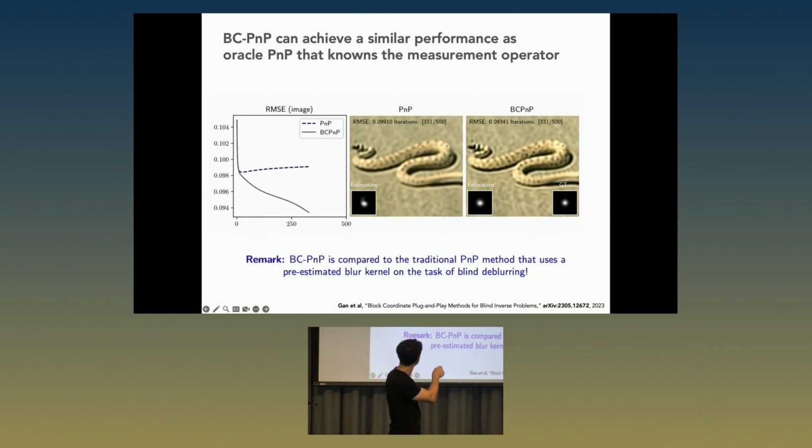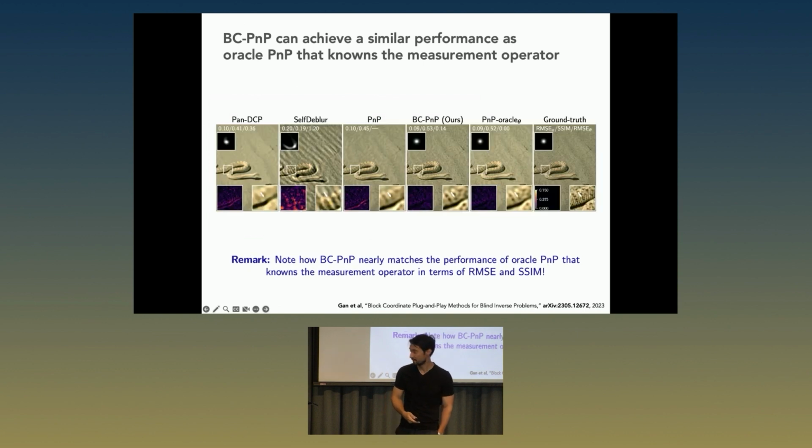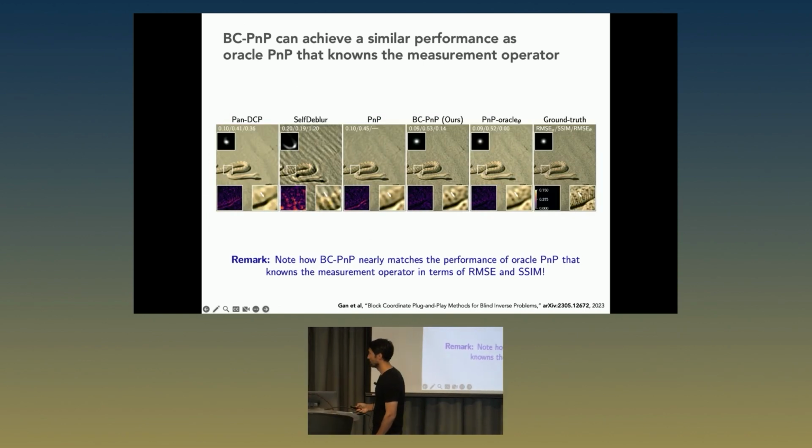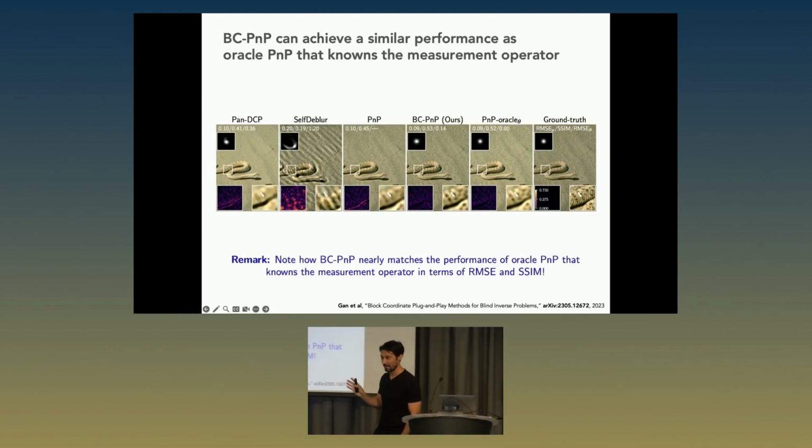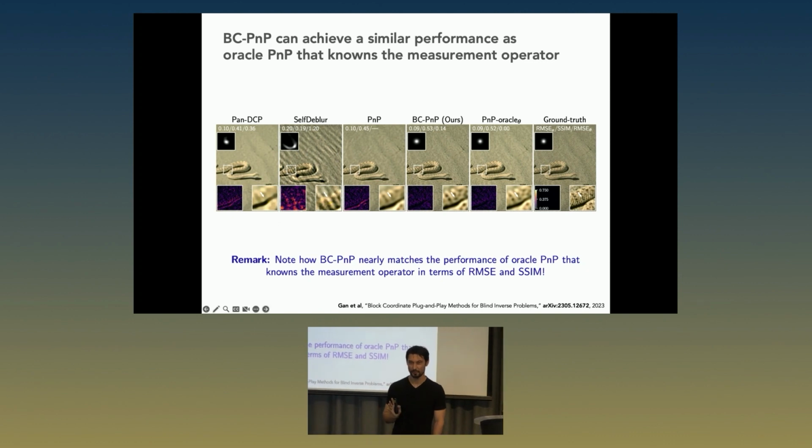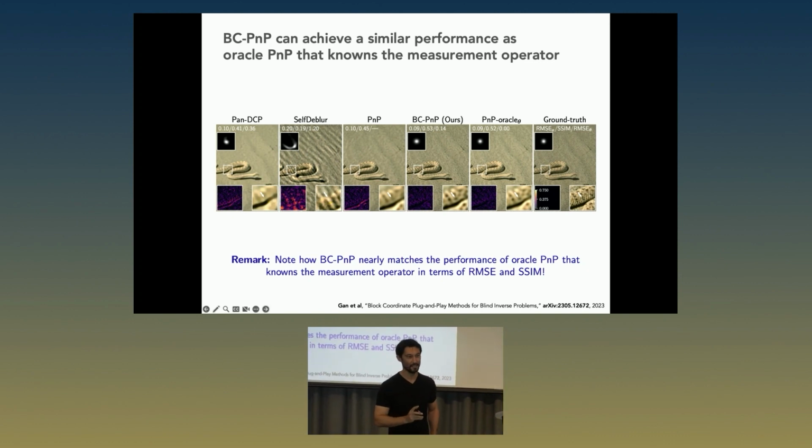If you run that algorithm, of course, you're going to saturate, but if you update also the blur kernel, you're going to be able to improve the performance. Anyways, you can go to the paper to see a lot more experiments and comparisons with all the algorithms, but the point is you can define denoisers as priors easily beyond images.